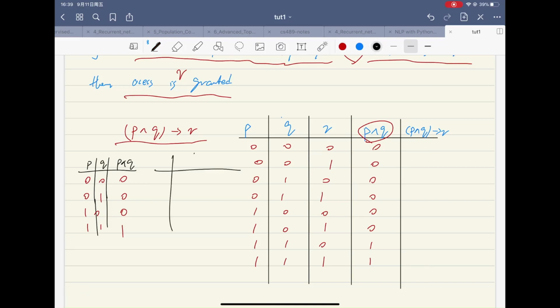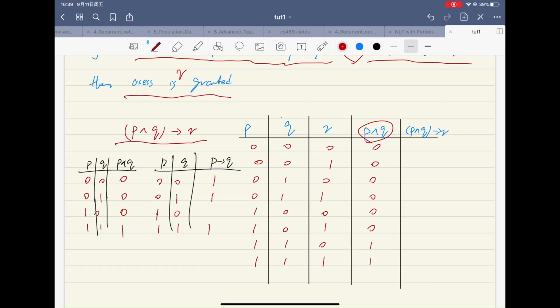Let's generate one. P, Q, P implies Q. If the hypothesis is false and the conclusion is false, then P implies Q will be true. But if the conclusion is true, it will always be true.